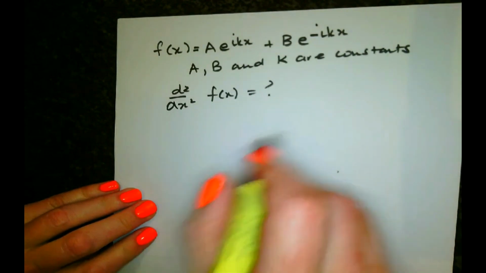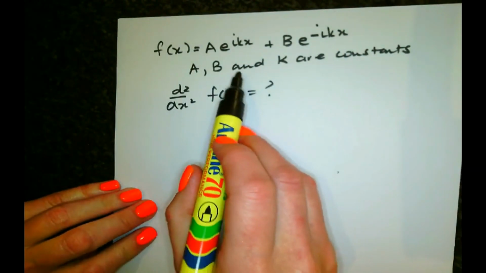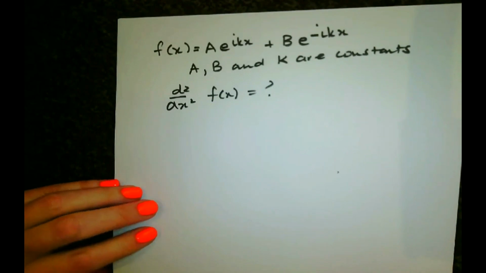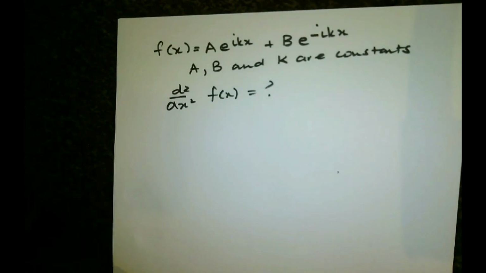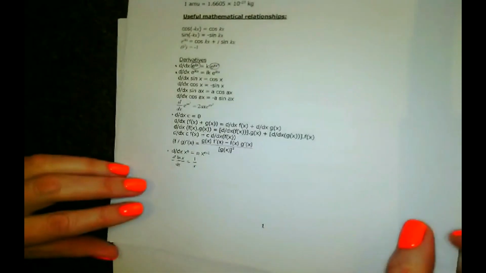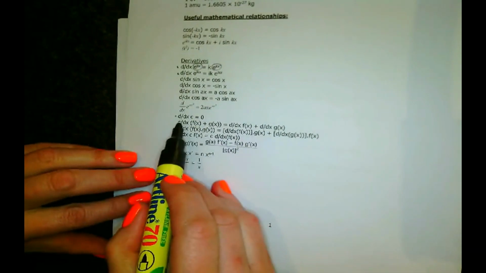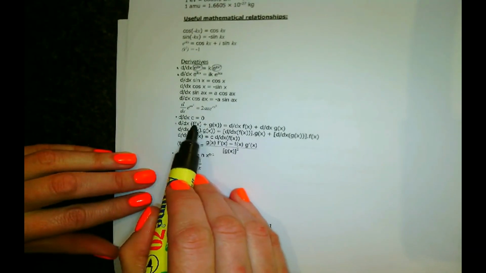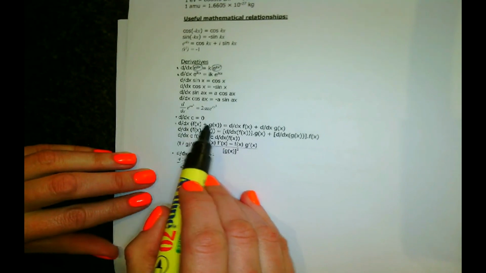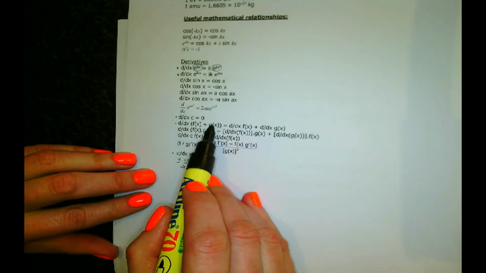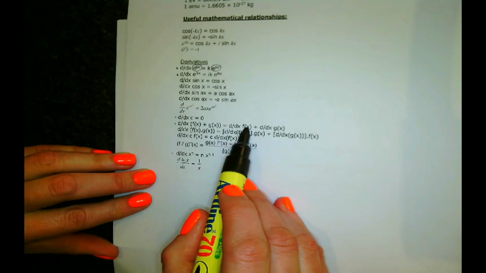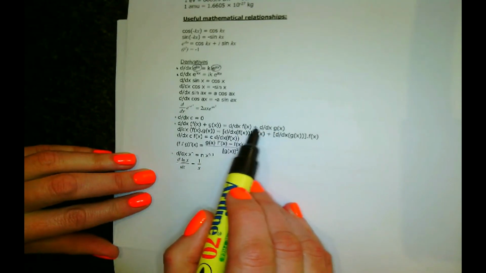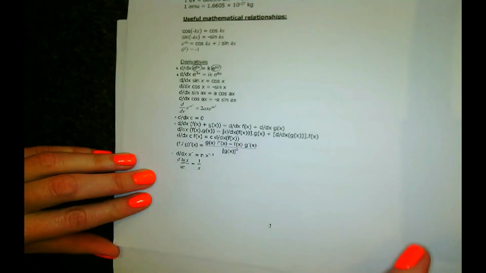Now the first thing you'll notice is that our function is a sum. This is something we haven't talked about, but if you look at your data sheet, there is the key, the derivative of a function f(x) plus g(x), where you have a sum. You just get the derivative of the first term of the sum plus the derivative of the second term of the sum.